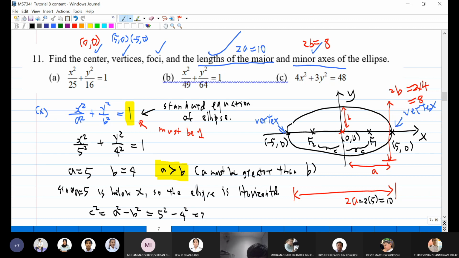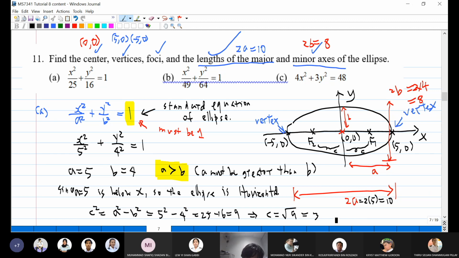So you get 25 minus 16, you get 9. So c squared is equal to 9. So c is what now? Take the square root of 9. So c is equal to 3. The distance from the center to the focus is 3. So this c is equal to 3 now.